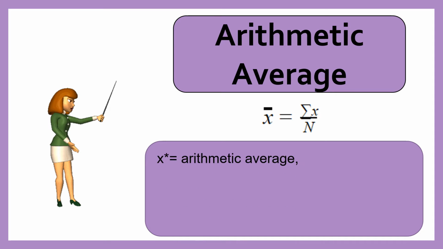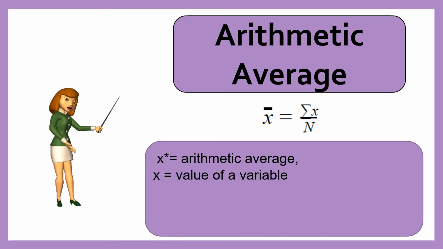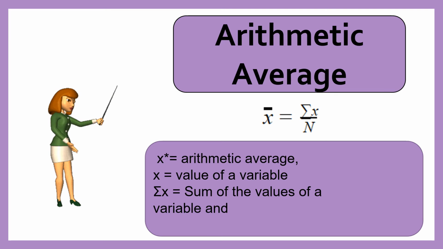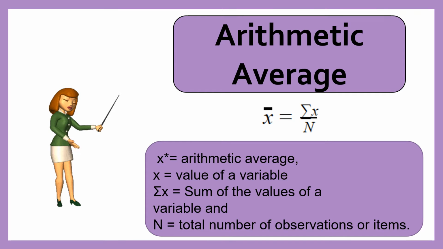Now, X bar is the arithmetic average, X is the value of the variable, summation X is the sum of the values of a variable, and N is the total number of observations or items.